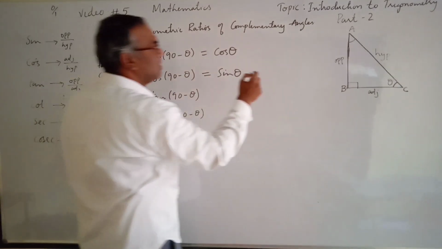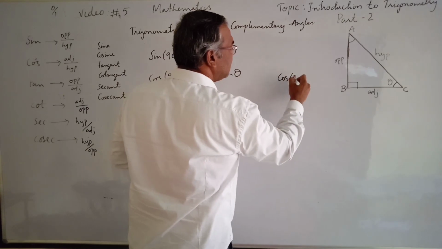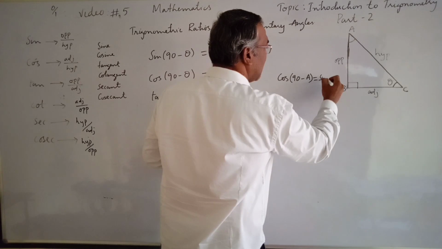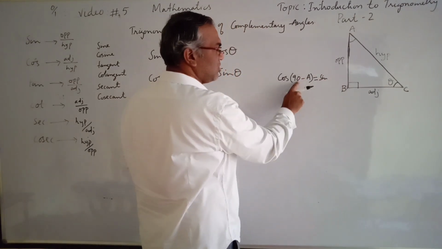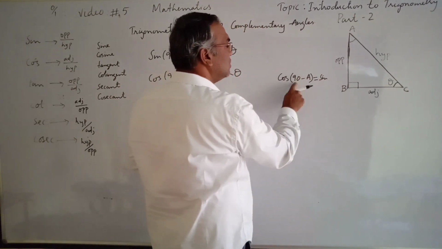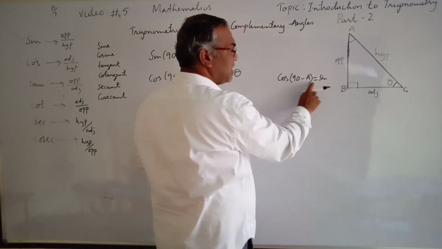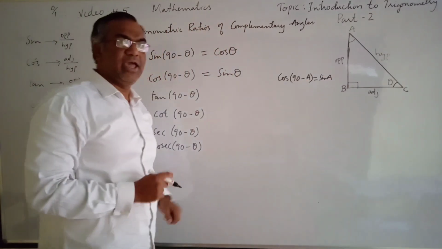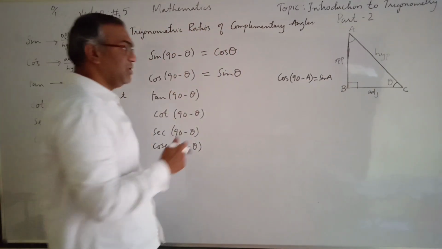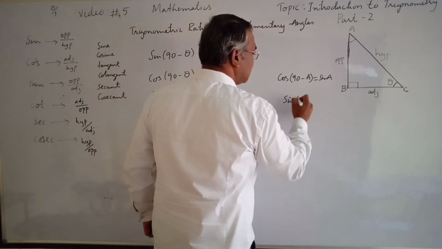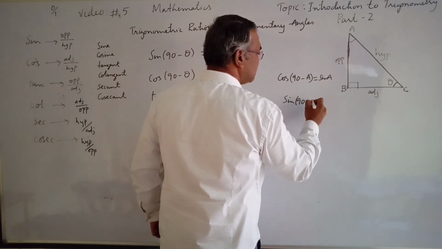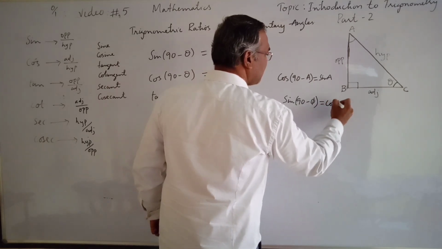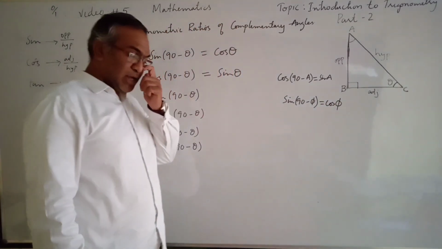For example, cos 90 minus A will become sine A. In the same way, sine 90 minus phi will be equal to cos phi. It's like that, right?